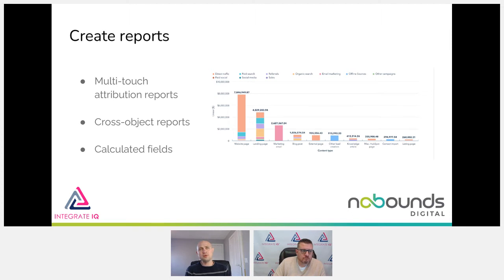Also, cross-object reports. This is something that you do have in Pro, but you just have higher levels. By cross-objects, Todd, you had alluded to objects earlier. These are things like contacts, companies, deals, tickets, those sorts of records. And on HubSpot Enterprise tools, you also get access to creating custom objects as well.